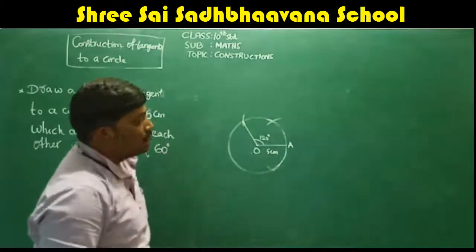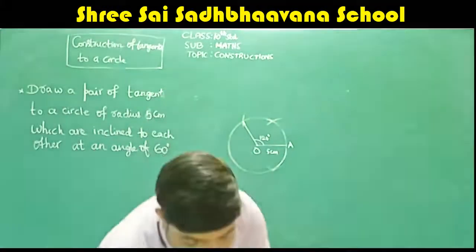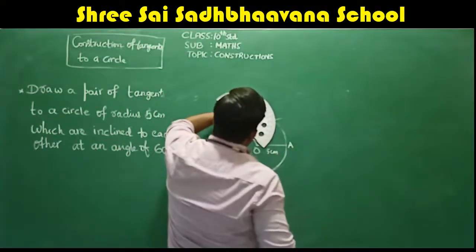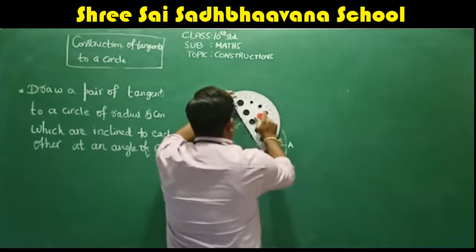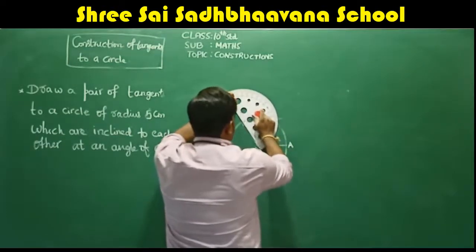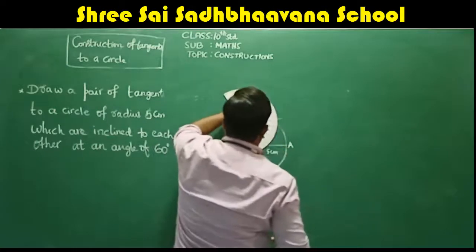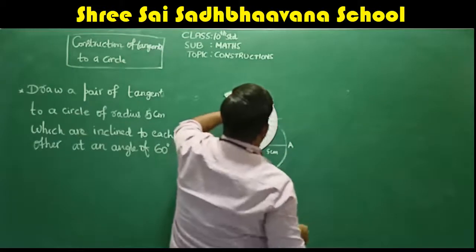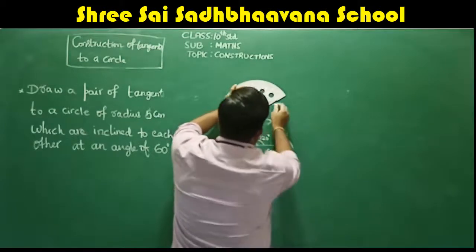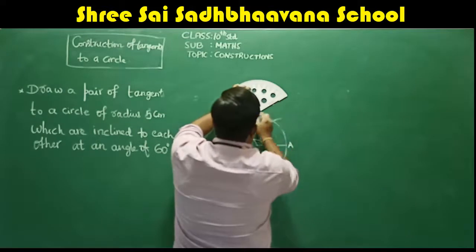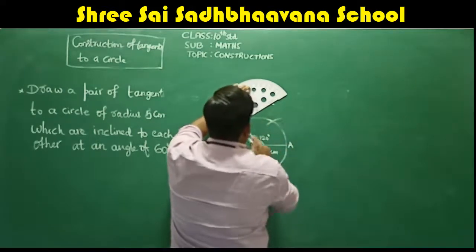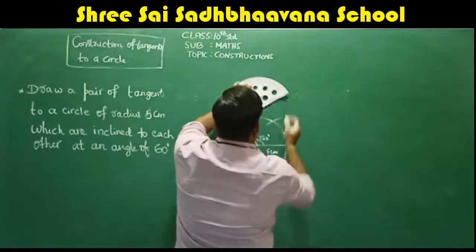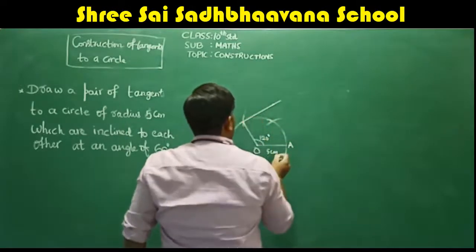We got it. So now what we have to do? Just take the compass, and from here, take this as the center and draw a 90 degree angle. As I said, this should be 90 degrees, so it should be perpendicular. This line and the line which you are going to draw should be perpendicular. I can use a scale, but I'm just using the compass here.